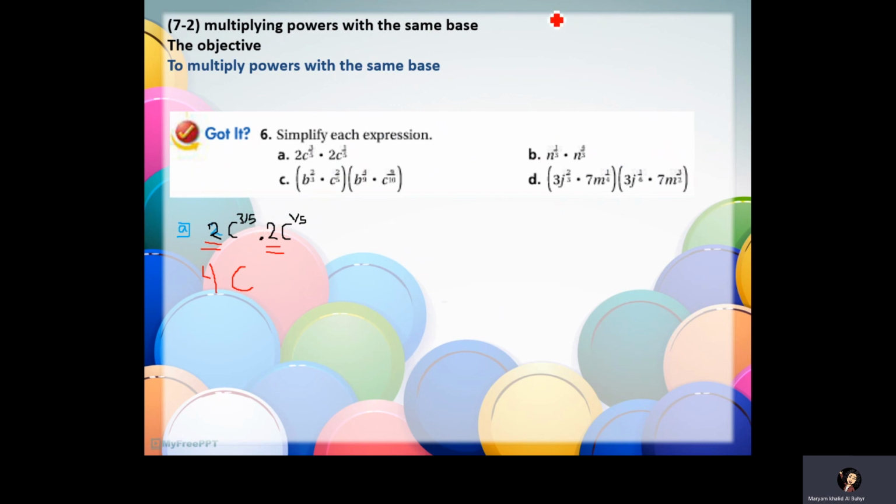So in a corner, 3 over 5, same base, both of them c, plus 1 over 5. They already have the same denominator. So that is 4 over 5. So that is 4c to the power 4 over 5. I'm done with this one.